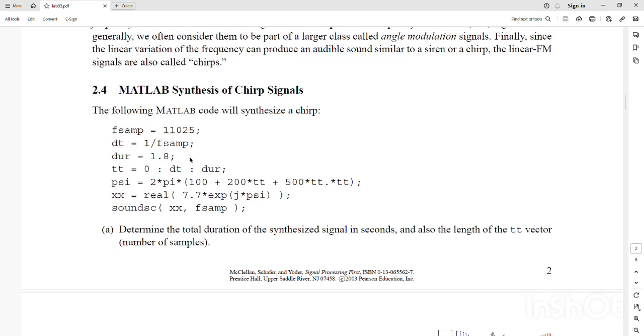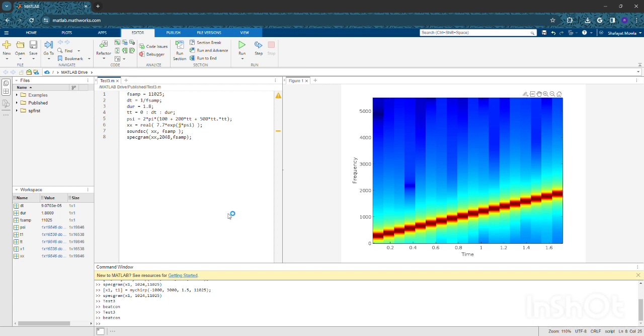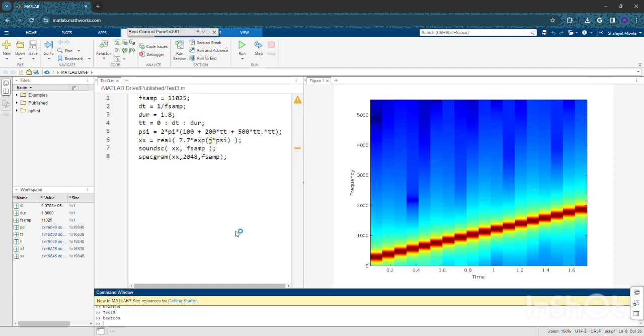Okay, now I'm copying the code from section 2.4, and if you run this code, you will get a plot. I'm using a spectrogram here instead of the plot, because if you use the plot, you cannot infer the signal.